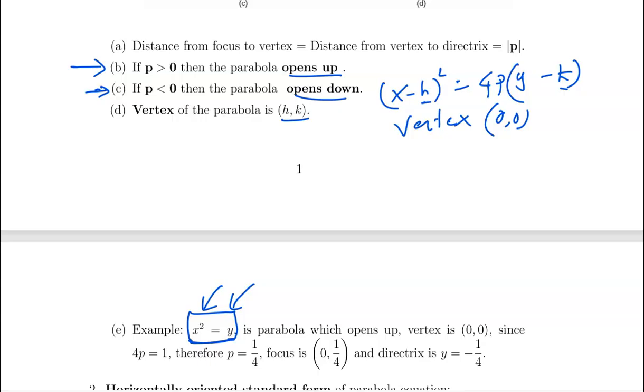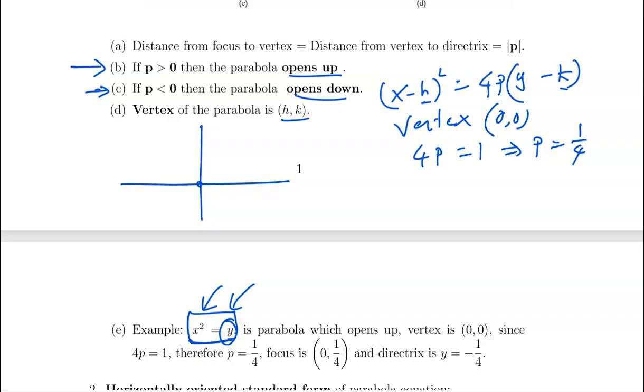And now we need to figure out P. So remember that 4P is equal to the coefficient of y. I have just the y there, so the coefficient is just 1. So 4P is 1, that means P is going to be 1 over 4. All right. So now if we want to draw this one, I'm going to draw x and y.